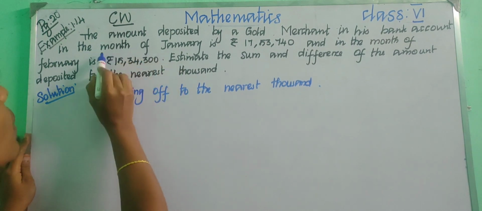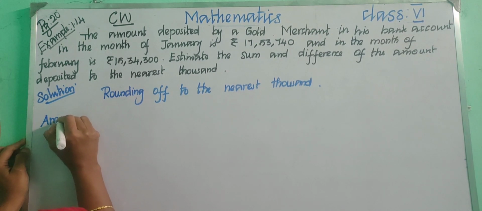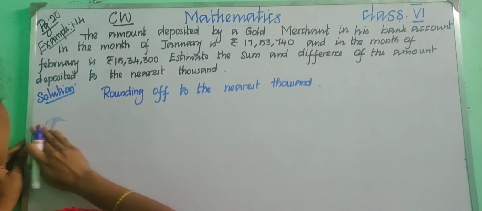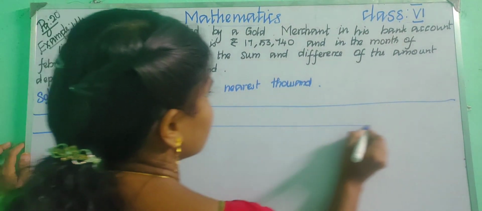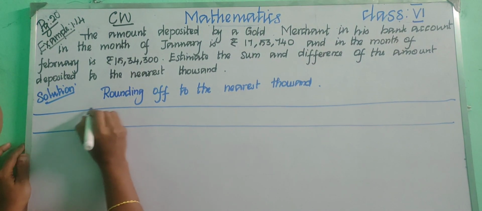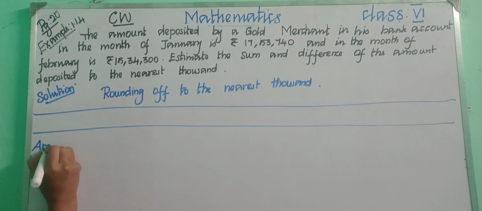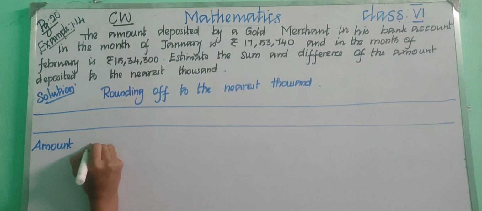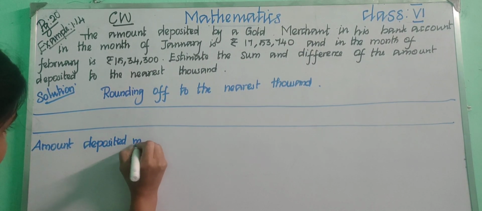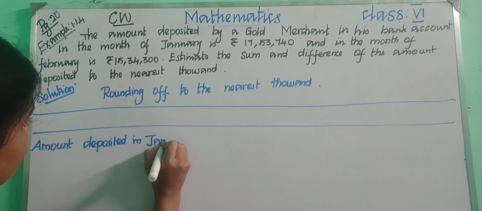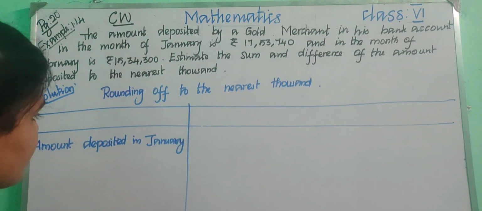So the amount deposited in the month of January. Let me put a box, and in that box let me write: amount deposited in January.